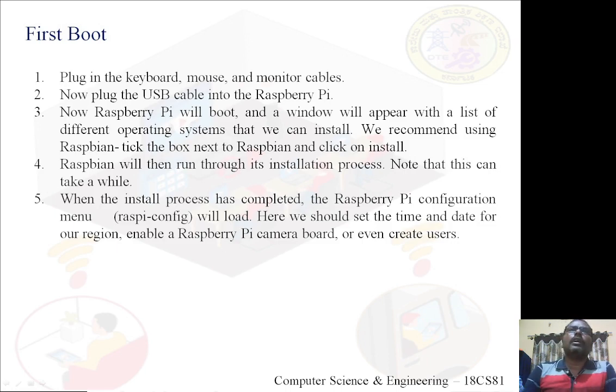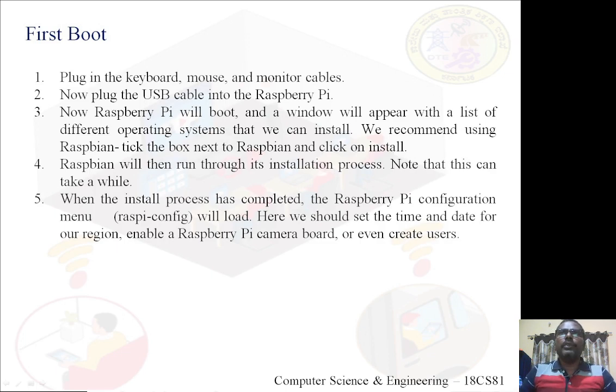So now plug the USB cable into this Raspberry Pi. Now your Raspberry Pi computer is turned on, I mean, you have given power supply to it. As soon as power supply is given, the Raspberry Pi will boot, and a window will appear.